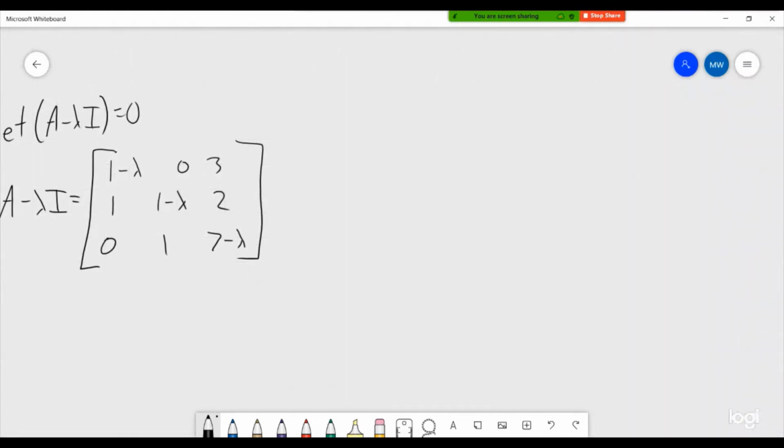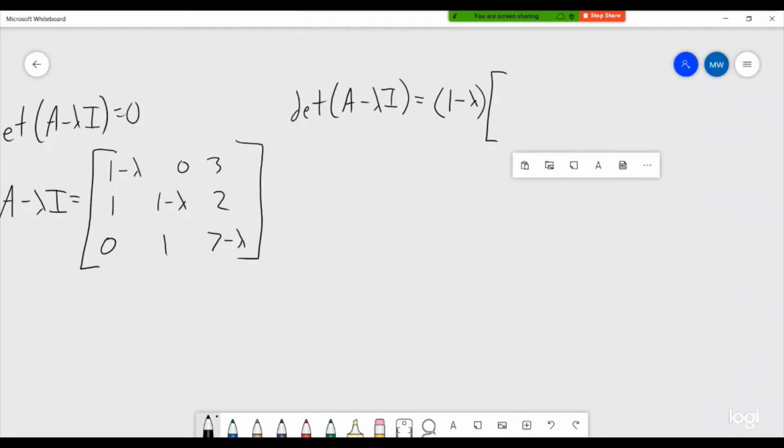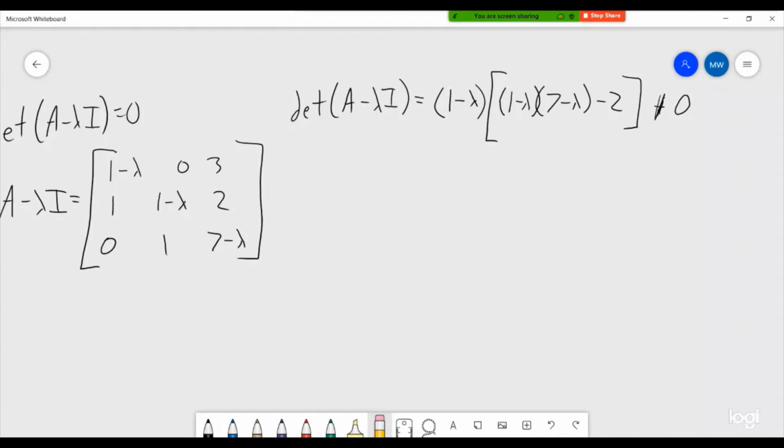And so the determinant of that is going to be, we got a 1 minus lambda times 1 minus lambda, 7 minus lambda, minus 2. Then we have plus 0, or I guess minus 0 if we're sticking with the rule to find the determinant.